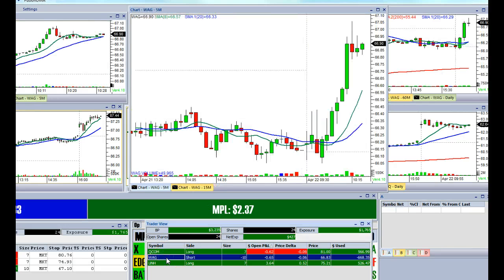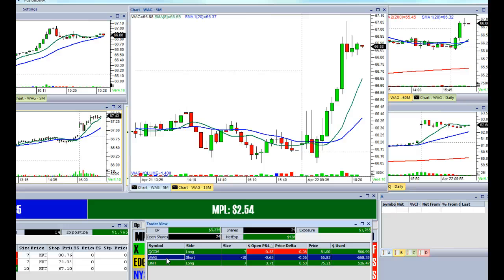Back to Walgreens. You know what? It's not breaking down the way I thought it would, but it hasn't hit my stop either. The longer it stays up here at the highs, the more likely it is that it's gonna hit my stop. When you see a stock make a strong move and then stay up there, it means you had buyers pushing it all the way up here.